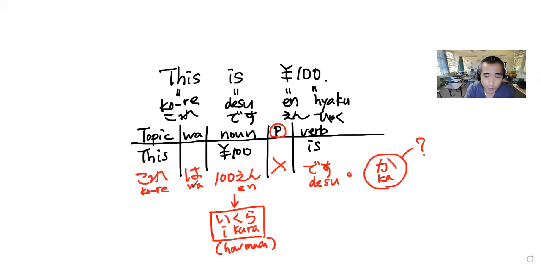So you can say これはいくらですか? That means how much is this? If it's in English, we have to change the word order. But in Japanese, as you can see, the word order is still the same.